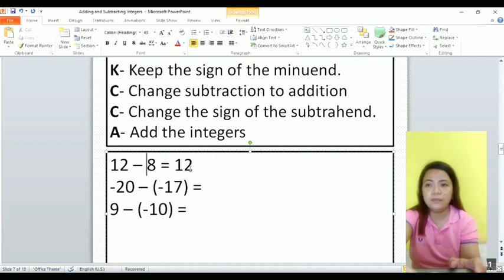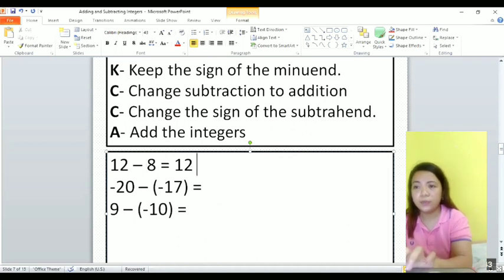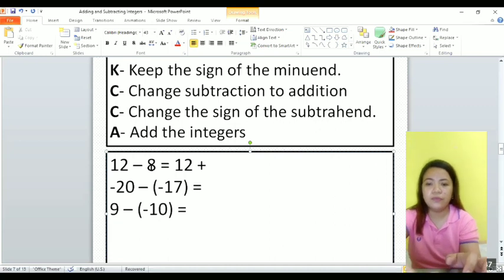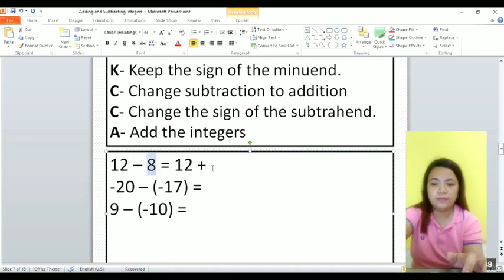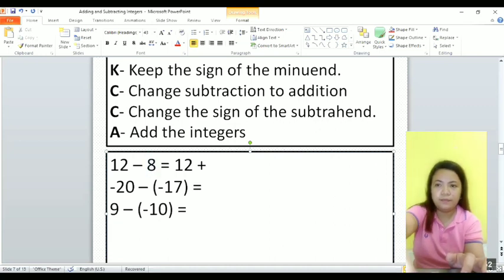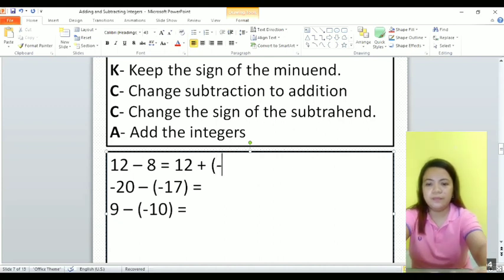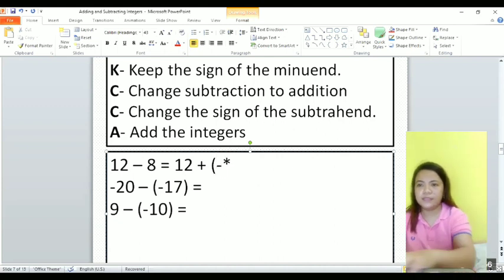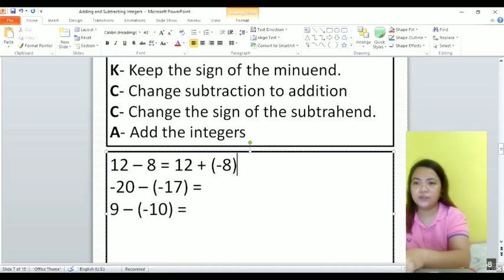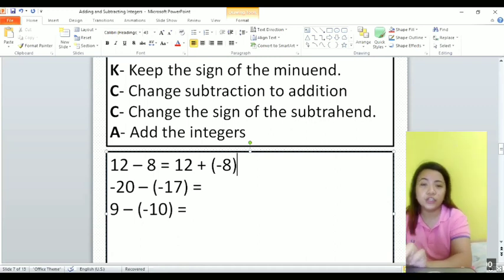So that will become plus. And then, we're going to change the positive 8 here into negative 8. That's it.